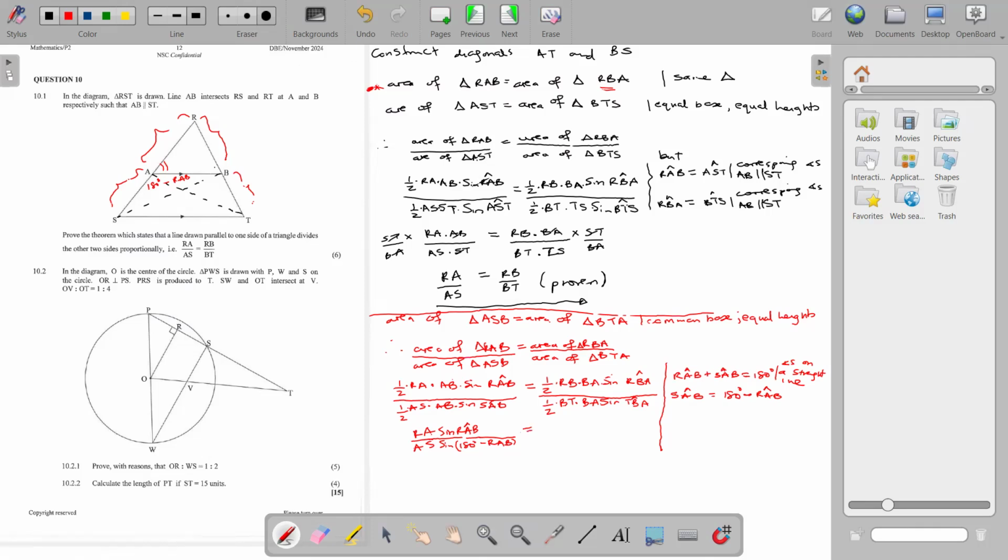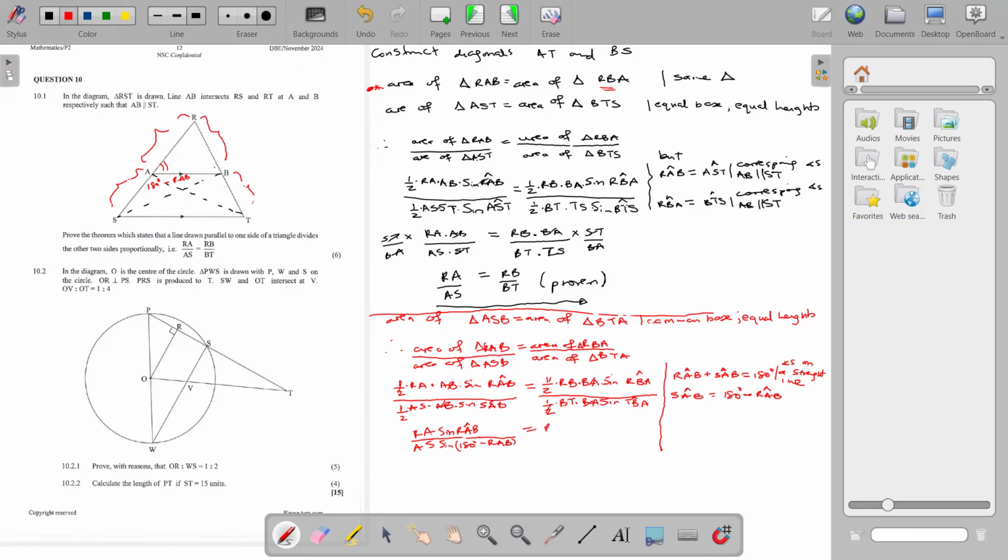Then we go to the other side. We said that and that cancelled. This and this have gone. The same will happen to the left. This and that will cancel. So the AB will cancel.